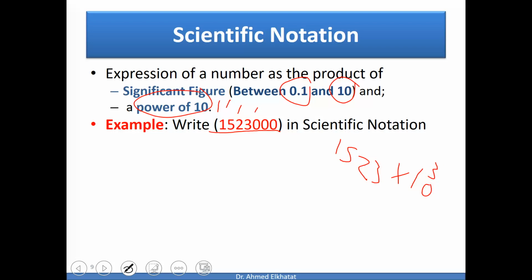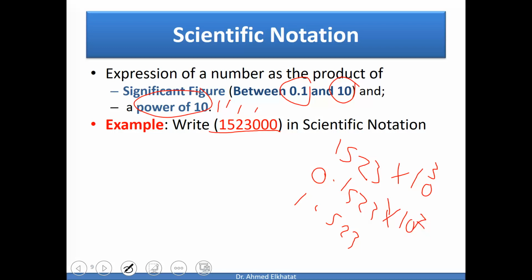But this is not in scientific notation, because scientific notation should be between 0.1 and 10. So I should either make it 0.1523 or 1.523. So here I should compensate for the power. So this power, how many places it moved: 1, 2, 3, 4. So it will be here 7.